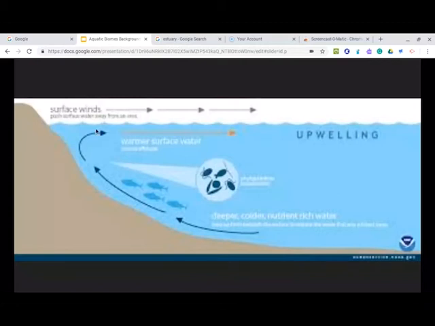You're going to have this surface wind pushing surface water to the side in an area of upwelling, and fishing is typically really good. When you have years of El Nino where this surface wind is not as strong, that's going to change this. Less fish, and therefore it's harder for the people living off that coast who are fishermen.